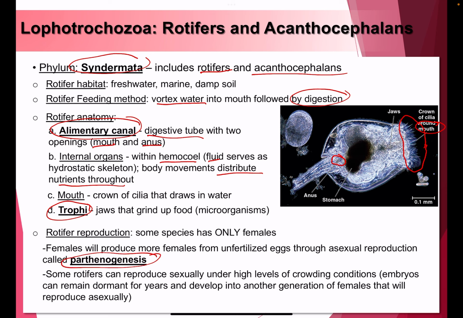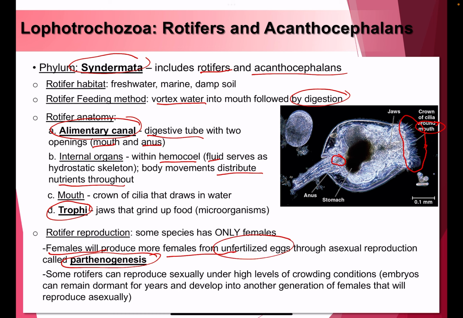Now, rotifer reproduction is usually what's called parthenogenesis. Again, a very different type of reproduction compared to most of the sexual reproduction we know. This particular species, most of it, only has females, which means a female somehow is able to produce more females from unfertilized eggs.